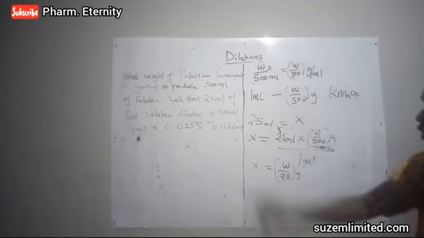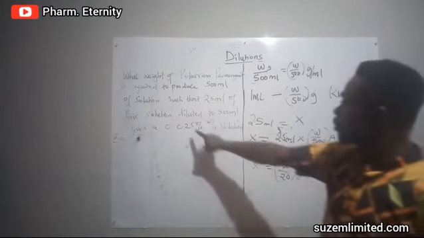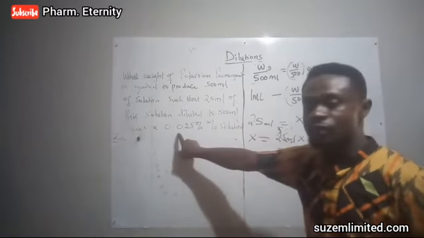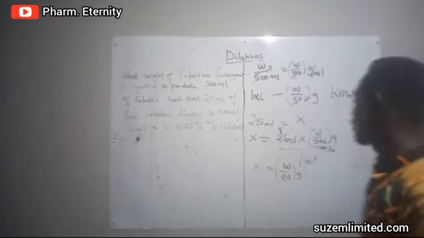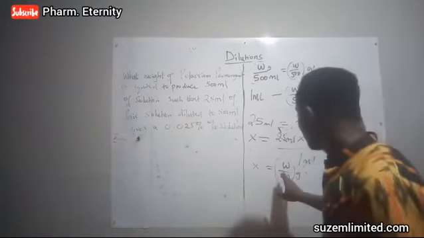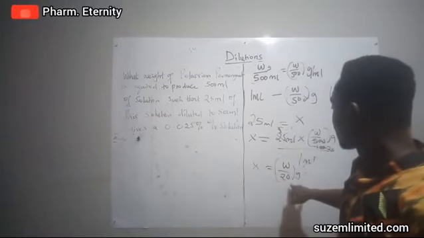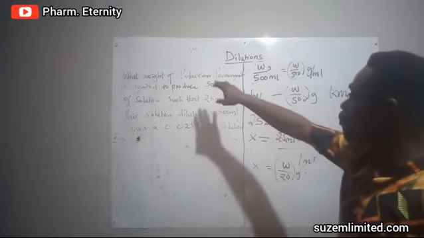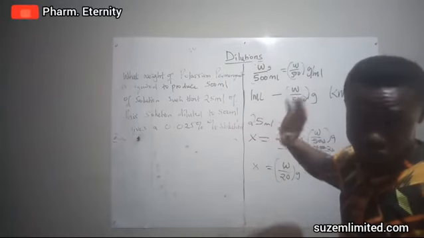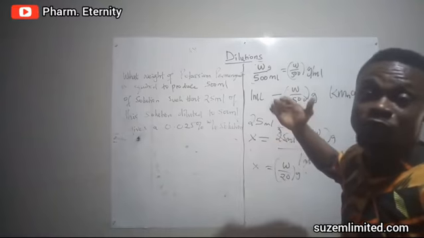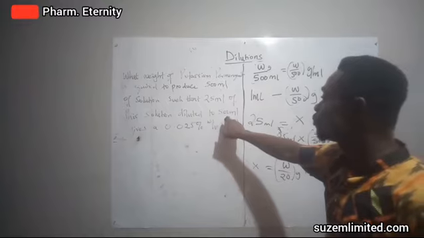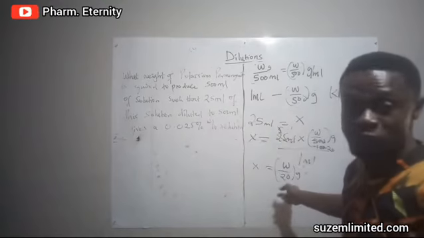Let's go back to the question again. The 25 ml is diluted to 500 ml to produce this percentage strength. Now, as I said before, the amount of the potassium permanganate in the initial solution will not change, irrespective of the extent of the dilution. So even if you diluted it, it's still the same amount of potassium permanganate.